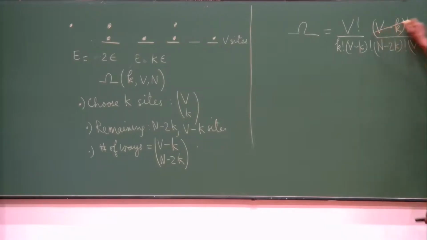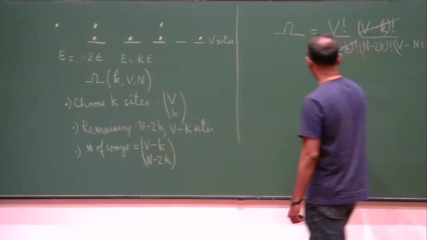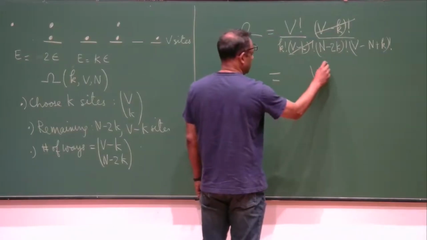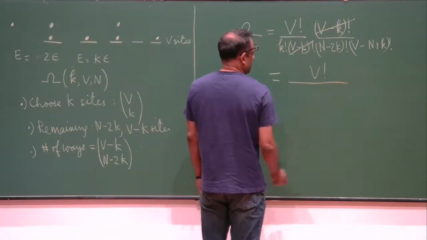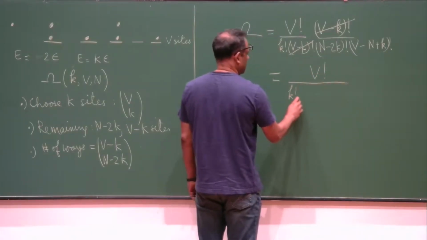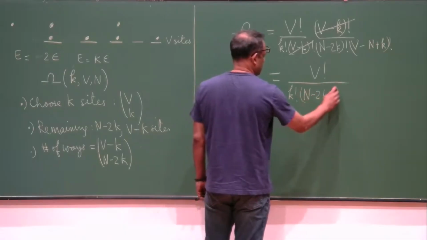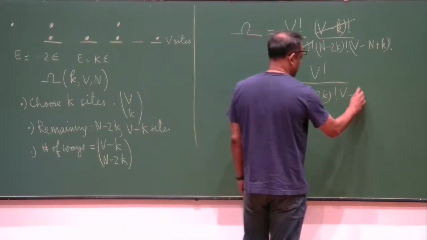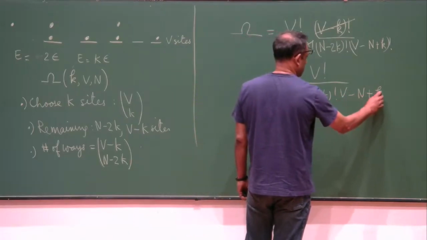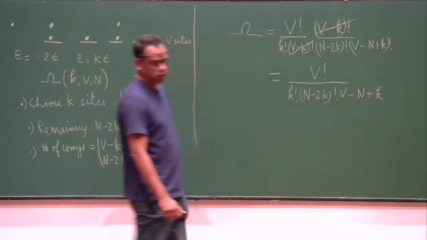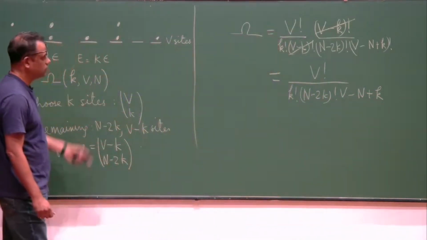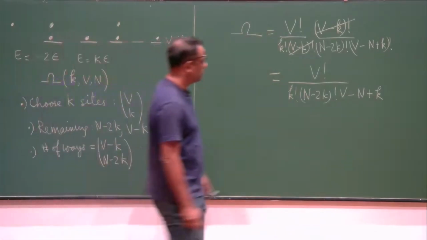Then these two cancel out, and you're left with V factorial by k factorial, N minus 2k factorial, V minus N plus k factorial.